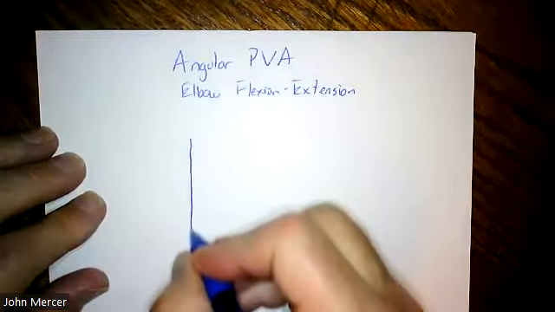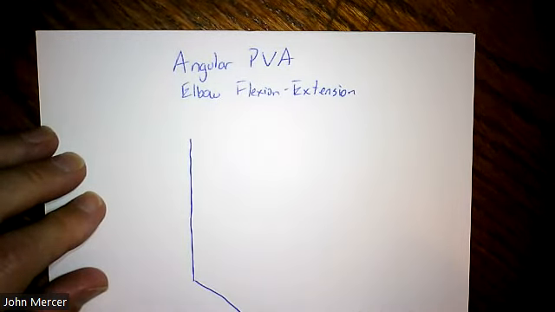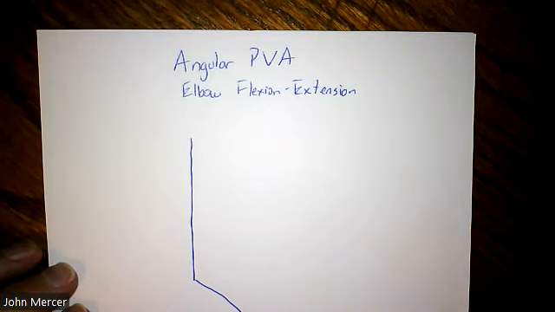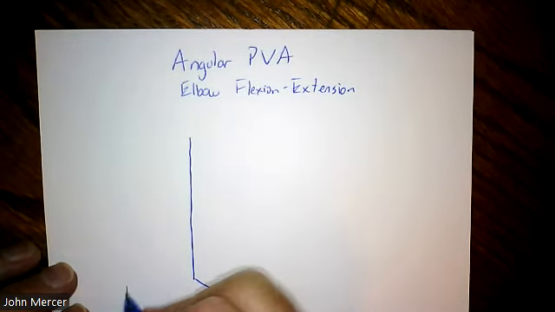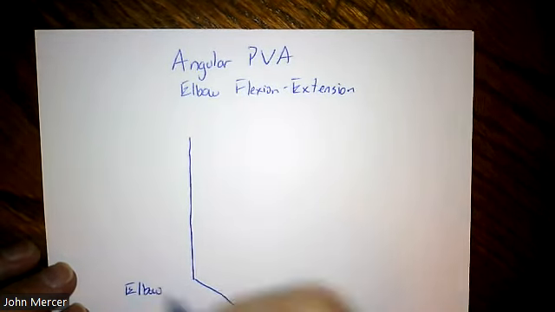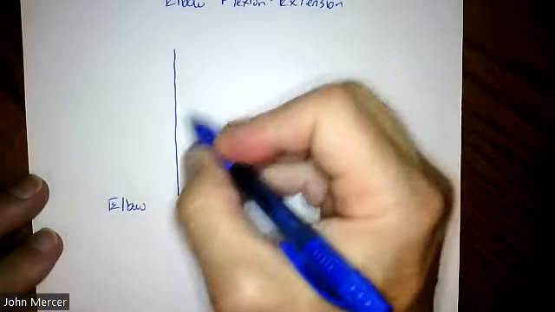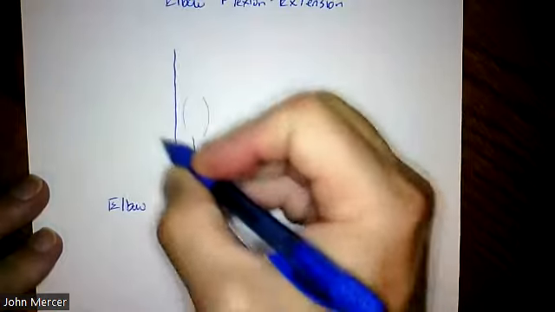So real simple movement where we're going to take the elbow. Let me draw it. I'll draw it big this first time and then I'll do PVA. So this would be the hand down here. And this would be the elbow. And we'd have the bicep here and tricep.